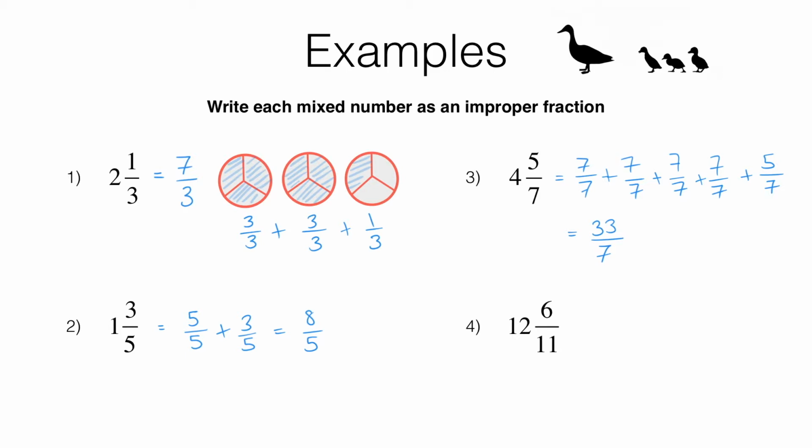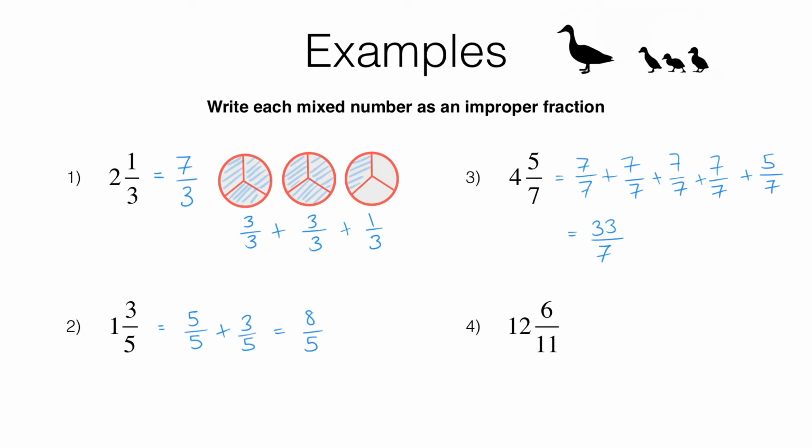Now that was quite a lot of writing and quite a lot of work. Hopefully you've spotted a shortcut that we could have used. Instead of adding 7/7 plus 7/7 plus 7/7 plus 7/7, we could have multiplied 7/7 by 4. We've got 4 lots of 7/7, which means we would have 28/7.